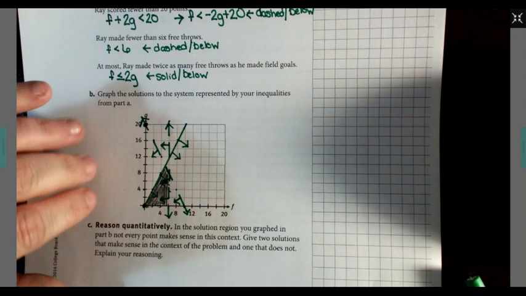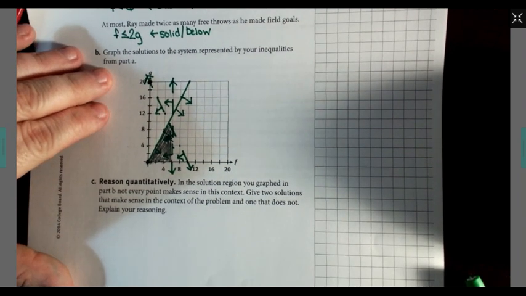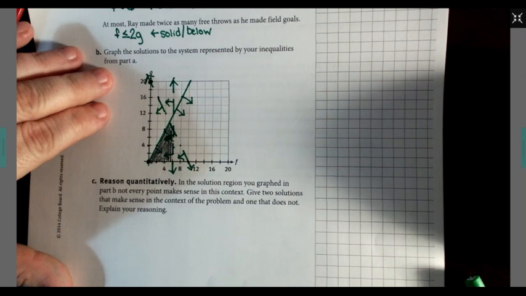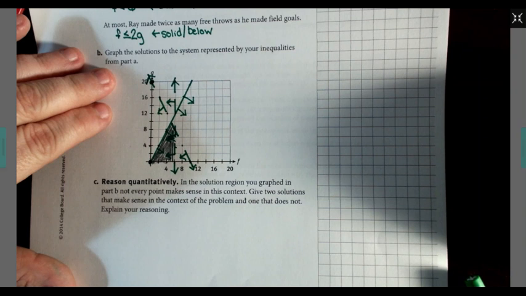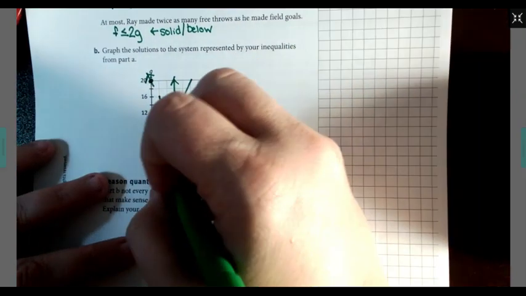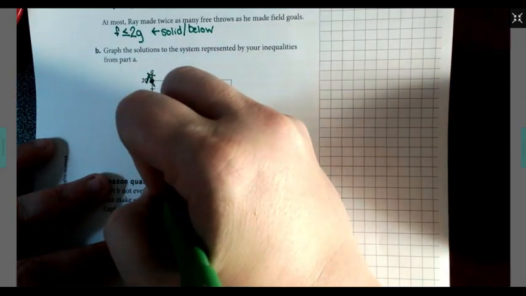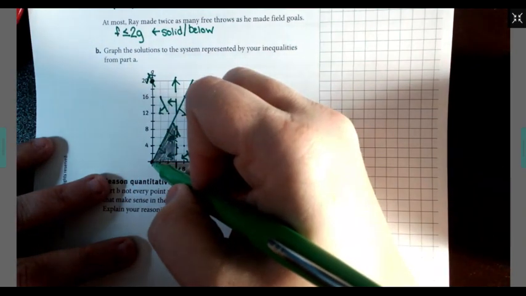C. Reason quantitatively. In the solution region you graphed in part B, not every point makes sense in this context. Give two solutions that make sense in the context of this problem and one that does not make sense and explain your reasoning. Okay, well, let's see.